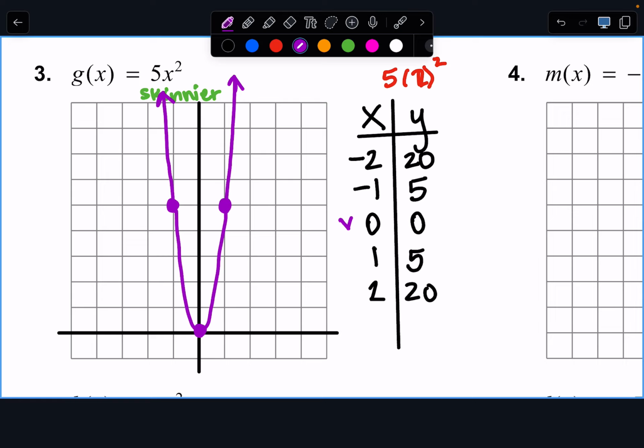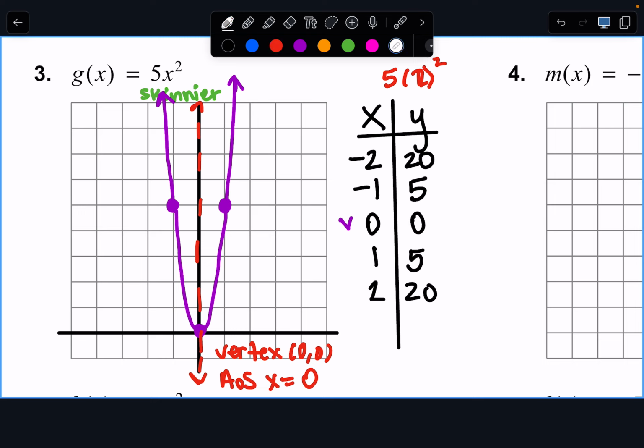It's not a V. It's still U-ish. There's no point. It's still curved. We have our vertex at 0, 0, which means our axis of symmetry is x equals 0.